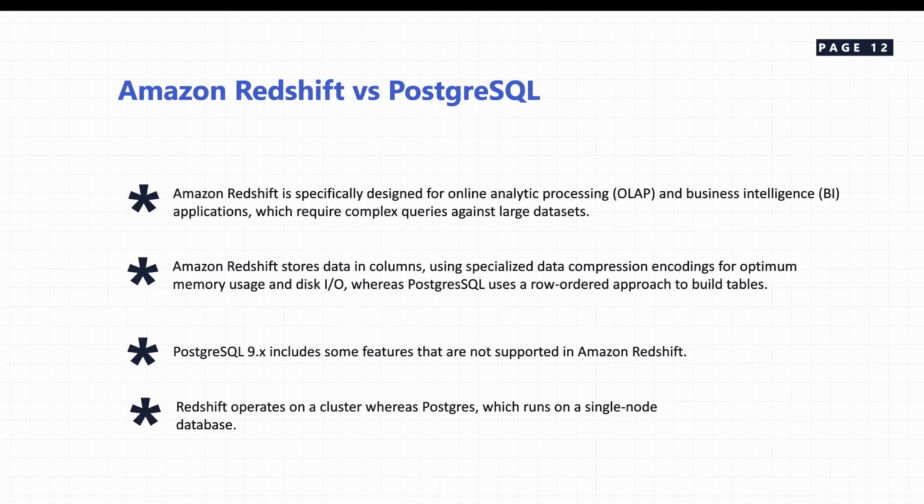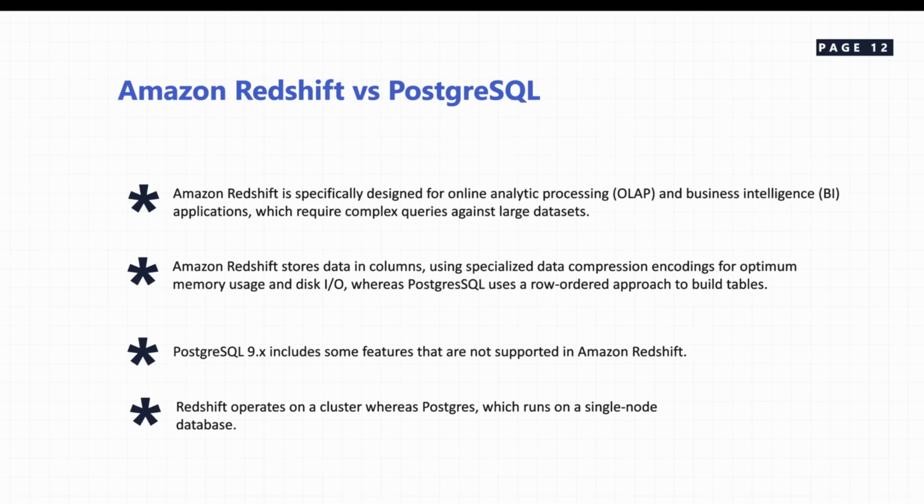So Amazon Redshift is designed in such a way that it can perform complex queries against large data sets, whereas Postgres is designed for small data sets. We can write some simple SQL operations, so to perform those operations we will use Postgres. But if we want to perform complex queries against very large data sets, then we will go with Amazon Redshift. And also Postgres is open source, whereas Amazon Redshift is a paid service.